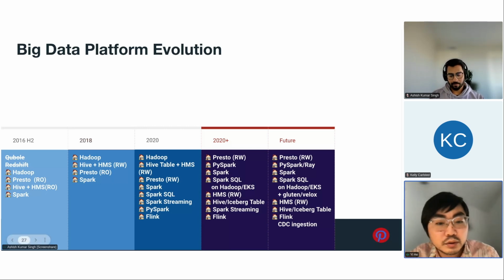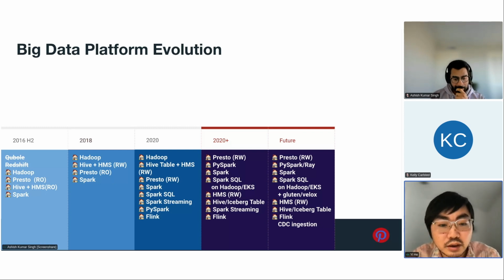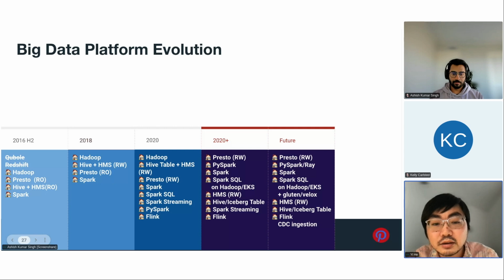We were previously mostly a Hadoop shop that runs queries and workloads on Hive, Presto and Spark. In 2020, we started to migrate away from Hive queries, and our query engines consolidated into Presto and Spark SQL. We support machine learning use cases in PySpark and streaming in both Spark Streaming and Flink.